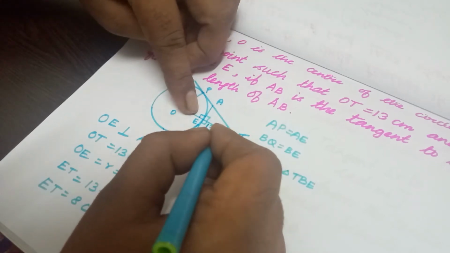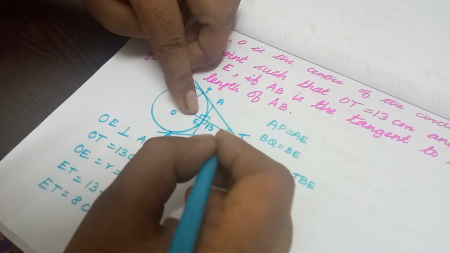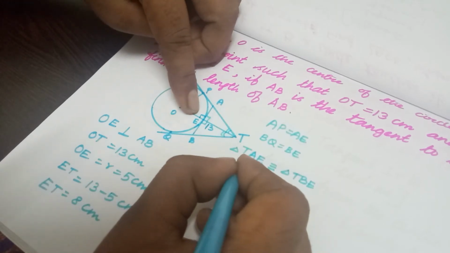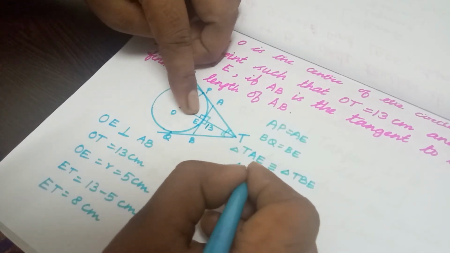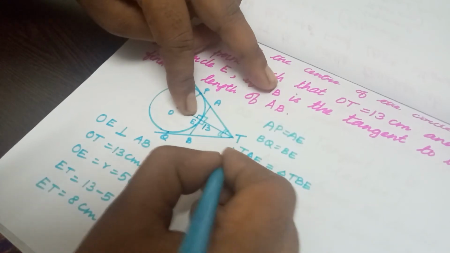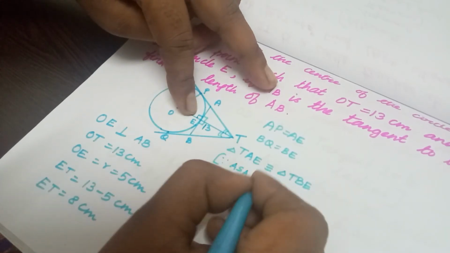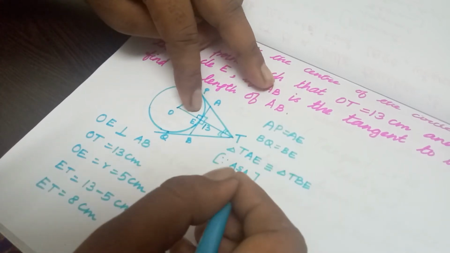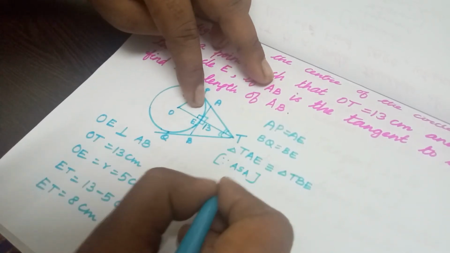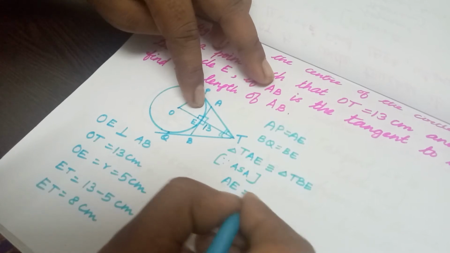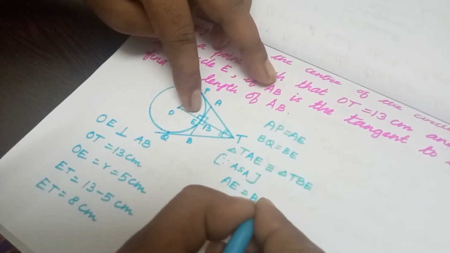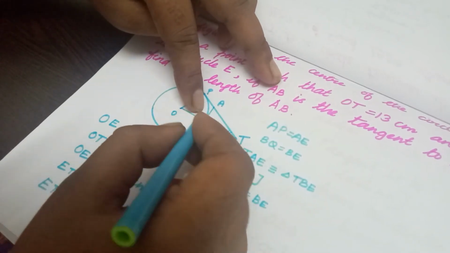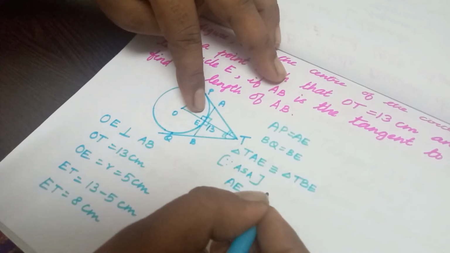See, angle, side, angle. So according to ASA, these two are congruent. So we can say that side AE is equal to side BE. Corresponding sides are equal. So AE is equal to BE.